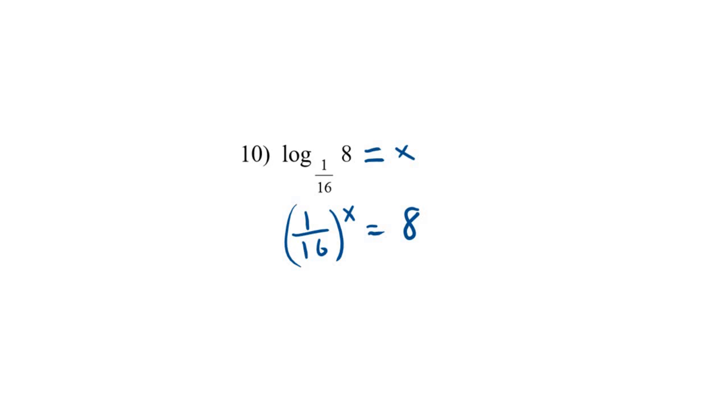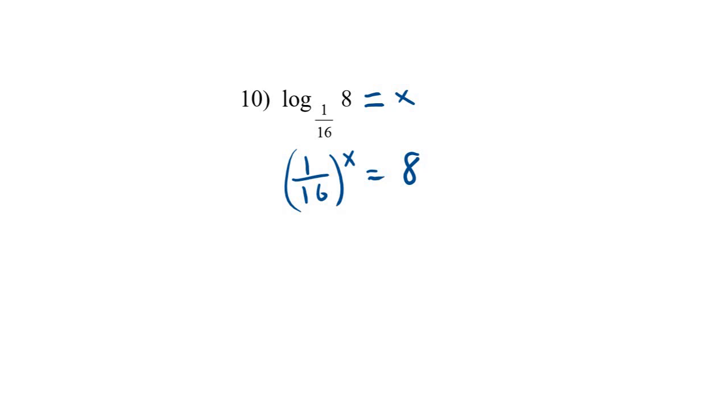I just let the answer be x, okay, and then I say, I can write this in exponential form now. And then I'm going to replace this 1/16 with a base that is common to 16 and 8. That will be 2 to the power of negative 4 raised to the power of x, equals 2 to the power of 3.